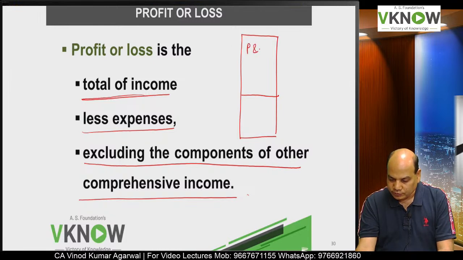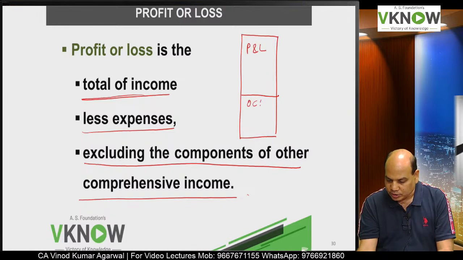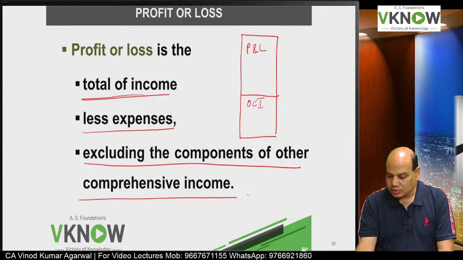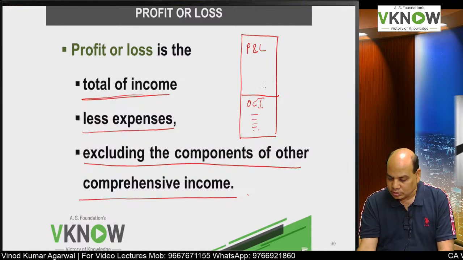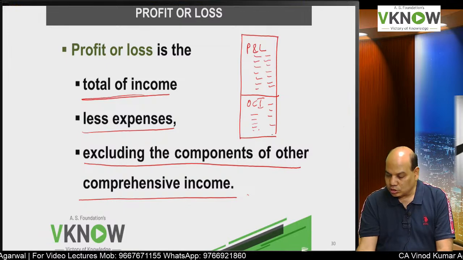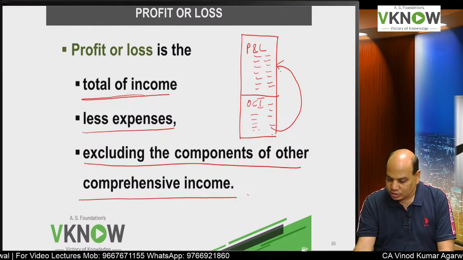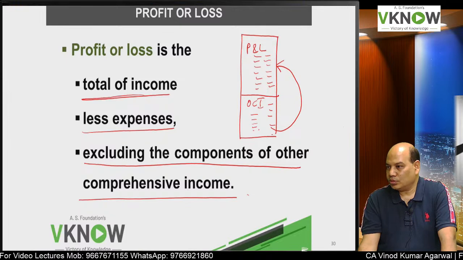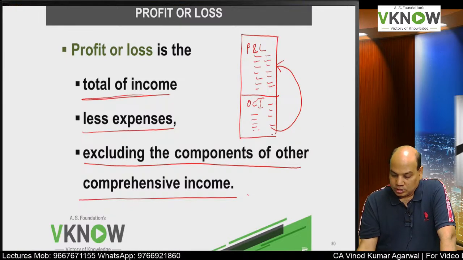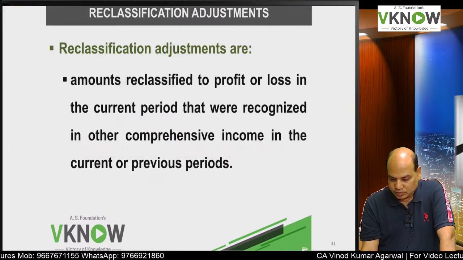The first part is profit or loss, the second part is OCI. The items which are included here are not included here, and the items which are included here are not included here, although for some items recycling is allowed when they are realized. That again we'll discuss after some time.